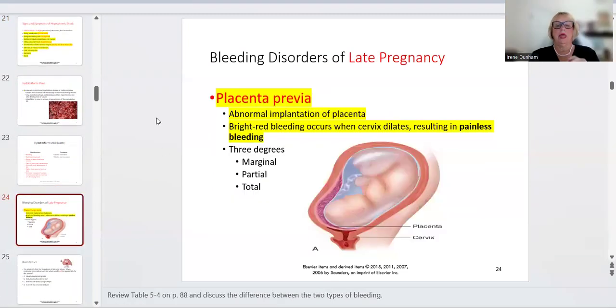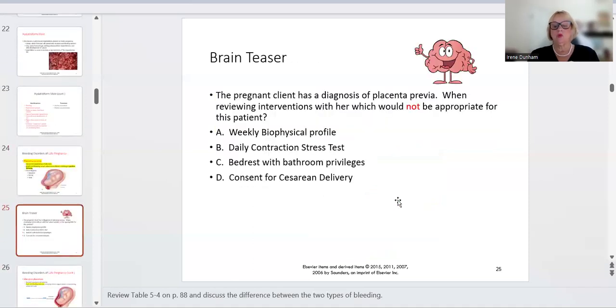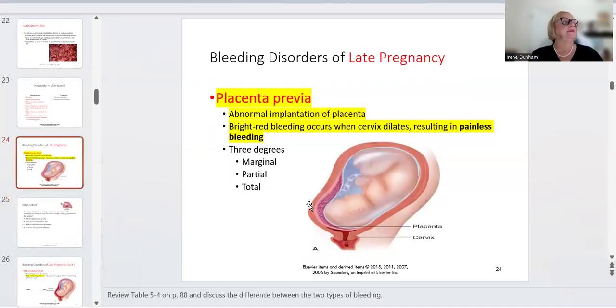Yes, she can hemorrhage. If you have a patient who has a placenta, say here's your placenta, and it's presenting right here, and she starts contracting on you, then this cervix opens up more and blood's going to come out, because this placenta is going to just shed.